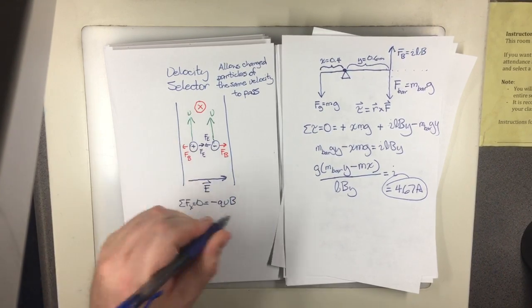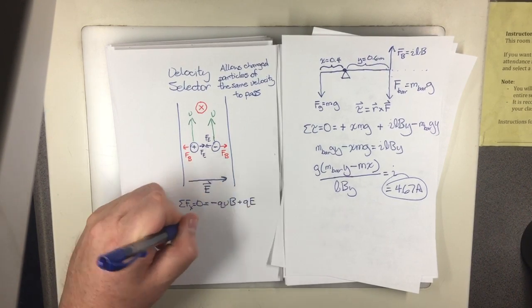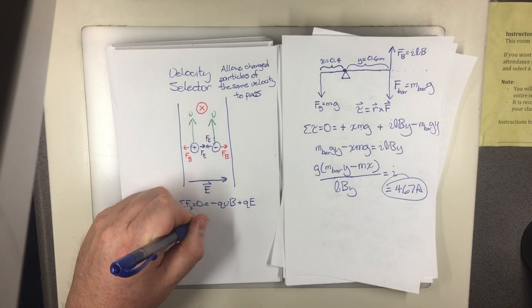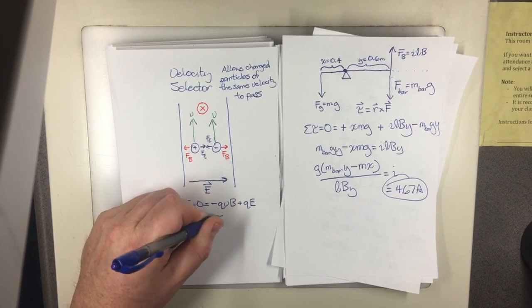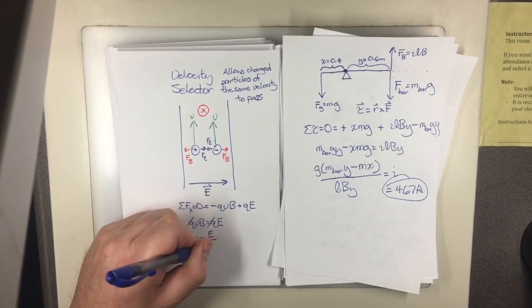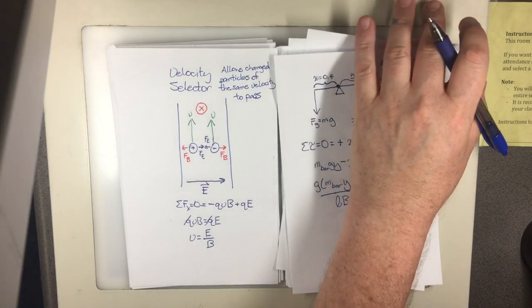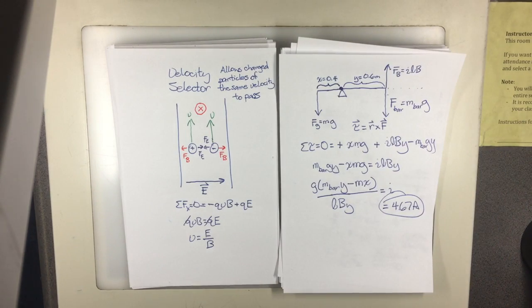To the right is the electric force, QE. So QVB is equal to QE, or V is E field over B. From a unit perspective, if you take the electric field and divide it by the magnetic field, you get the velocity. Only particles of that velocity will pass through.